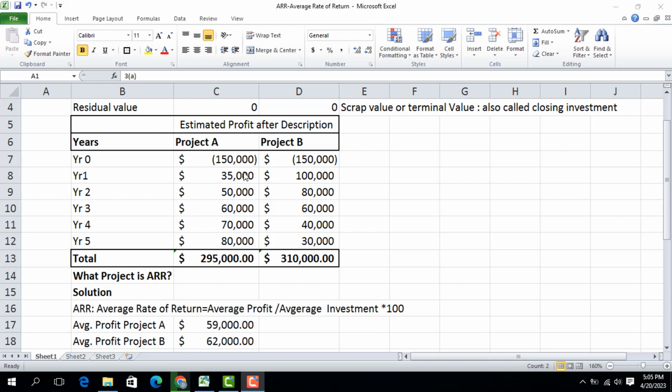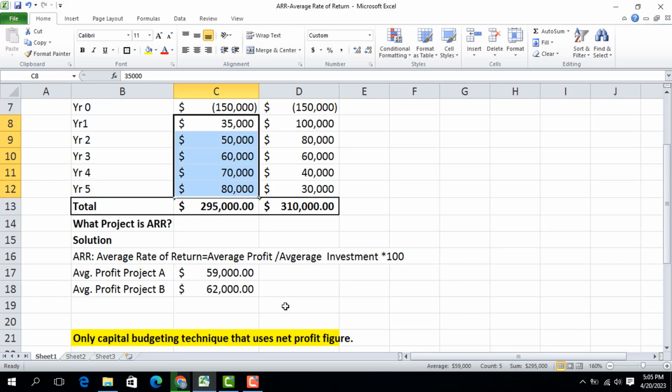I have excluded the above figure because it is the investment. So look at it, we have obtained 295,000. Dividing this by the number of years, which is 5, gives 59,000. The same procedure applies to the value of 310,000, divided by 5, and we get the average profit for project B.